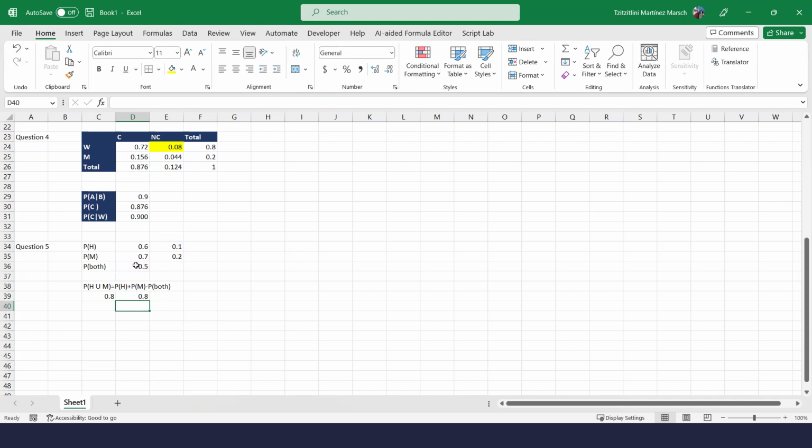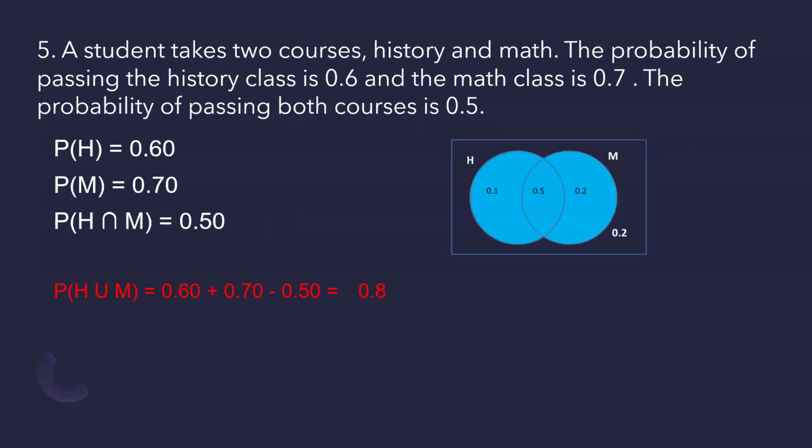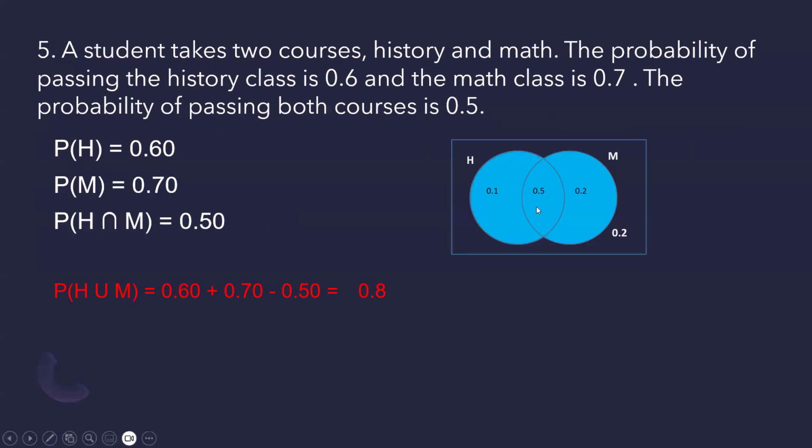You have to make sure you are not summing more probability because of the overlap. So 0.1 of history, 0.2 of math, 0.5 of both courses.